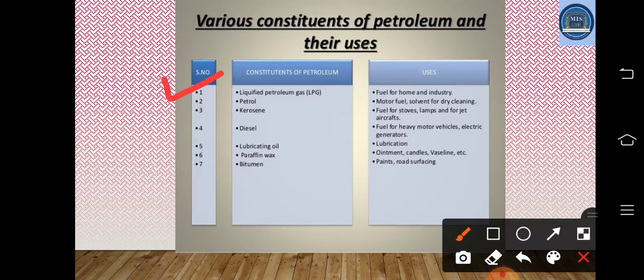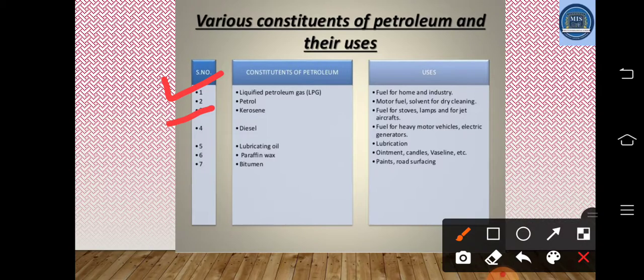Then we have petrol. Petrol, as we all know, is used as a motor fuel. It is a light motor fuel because light vehicles like motorcycles and cars run on it. It is also used as a solvent for dry cleaning.